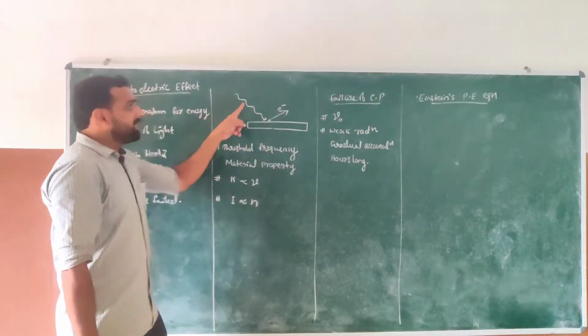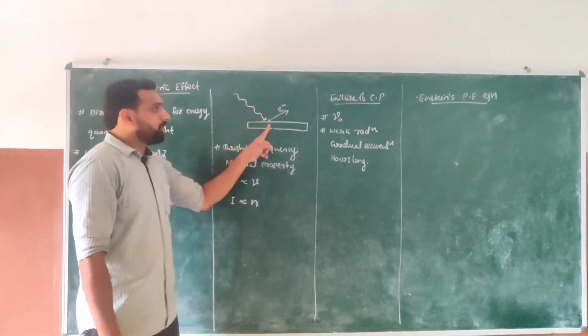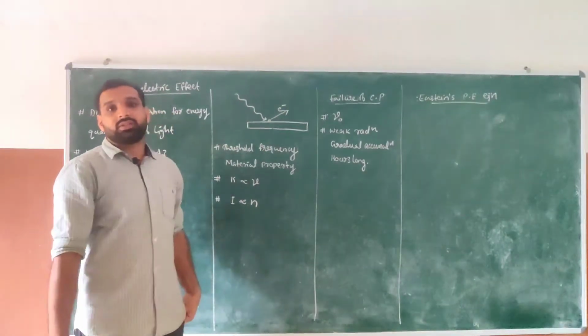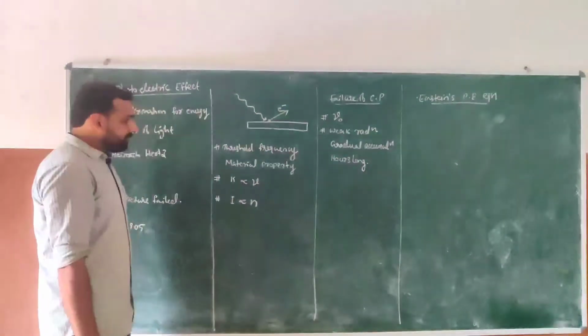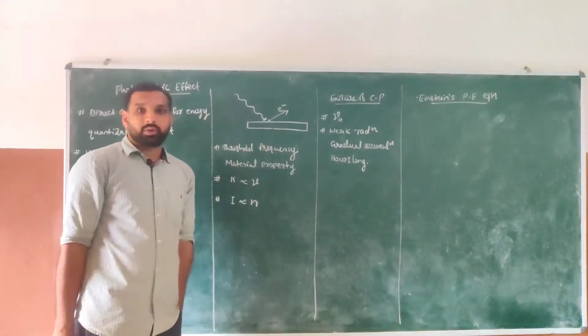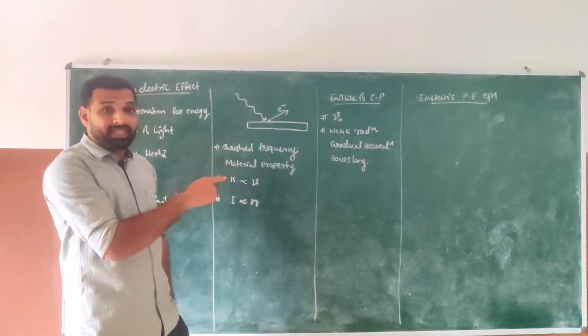Radiation without the threshold frequency will not eject any electrons. This is the first observation. This threshold frequency is a material-dependent property. It will be different for different materials.